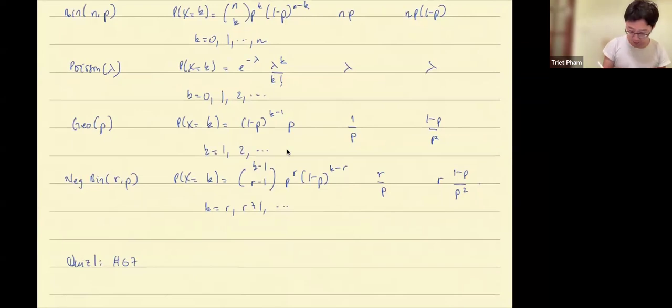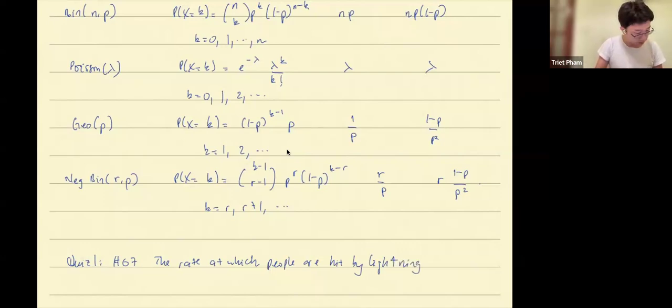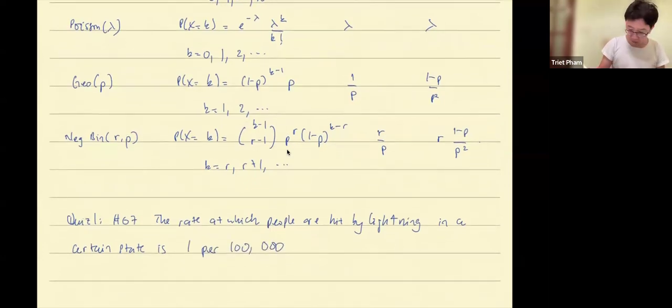The rate at which people are hit by lightning in a certain state is 1 per 100,000 people per month.